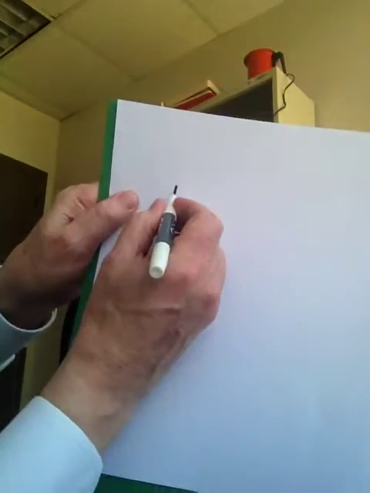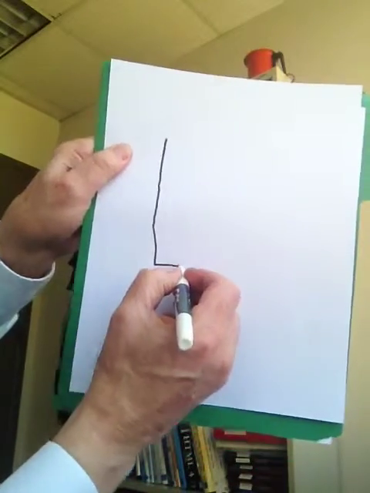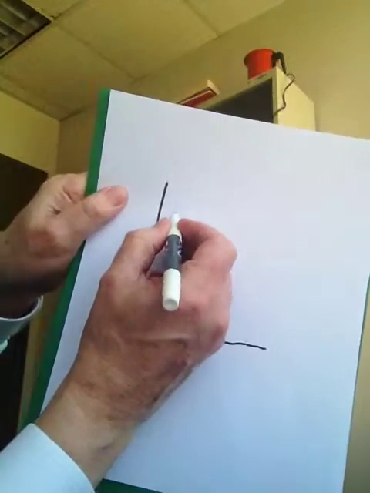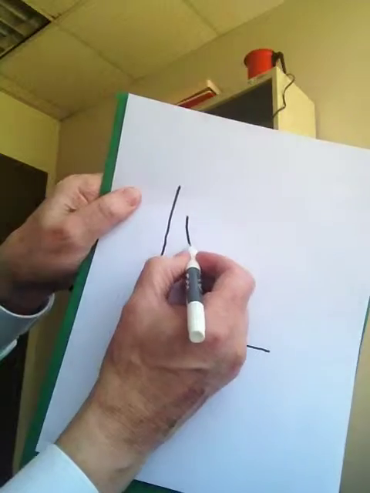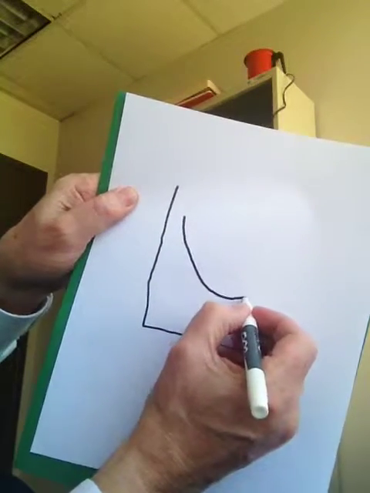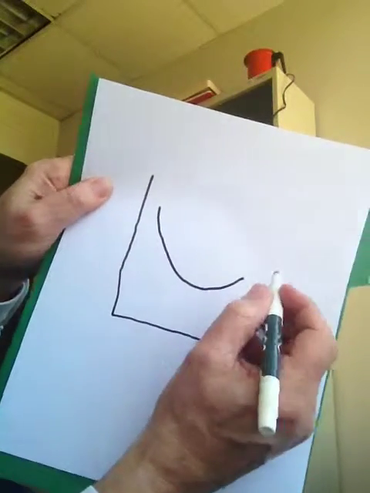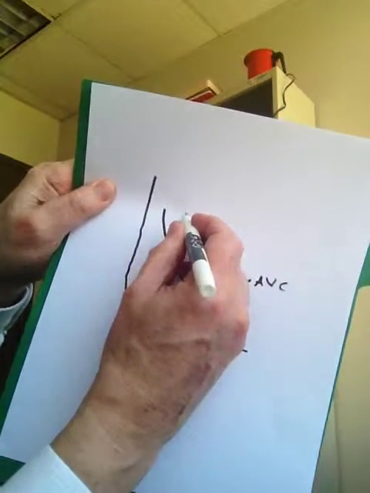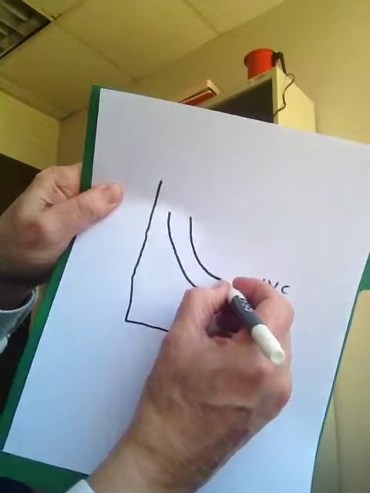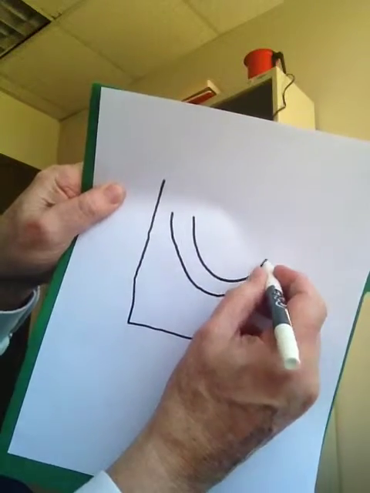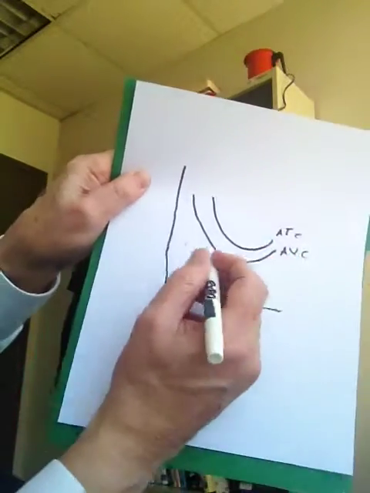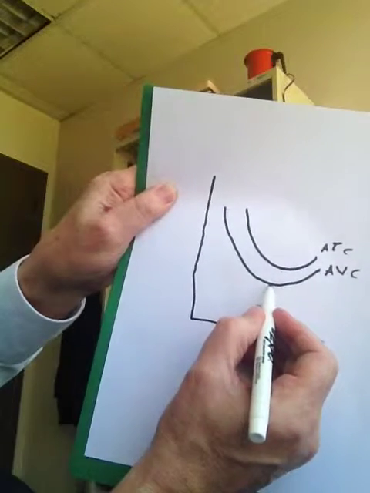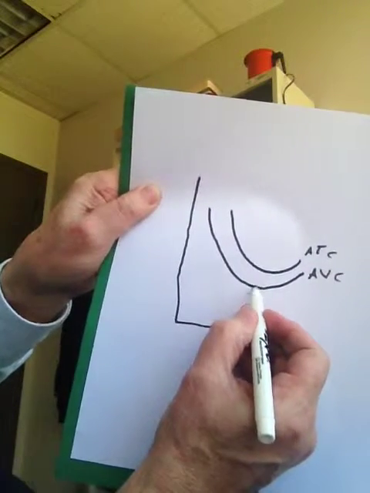I'm trying to do it vertically here. Average variable cost, average total cost. Here's what the marginal cost looks like. There's the minimum of the average variable.